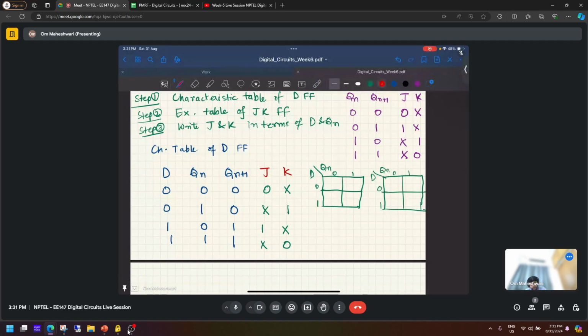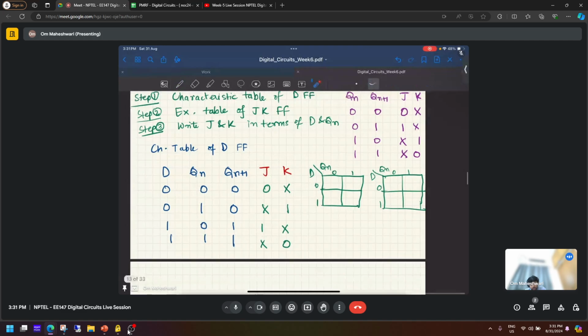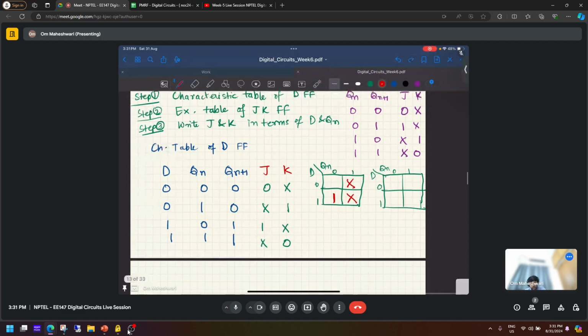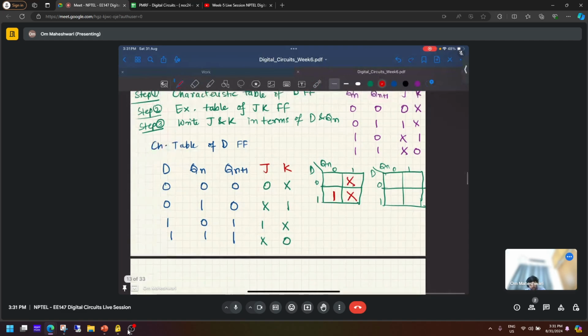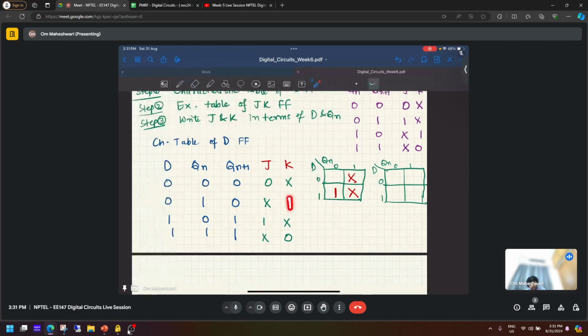So for J, J is 1 when D is 1 and Qn is 0. Then this is cross, and 0, 1 is also cross, right? In the K map, the 0, 1 condition is 1, 0, 0 is cross, 1, 0 is also cross.